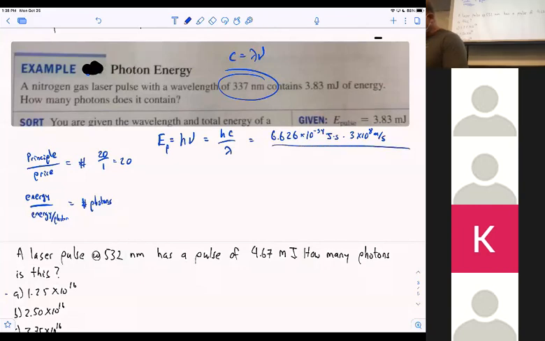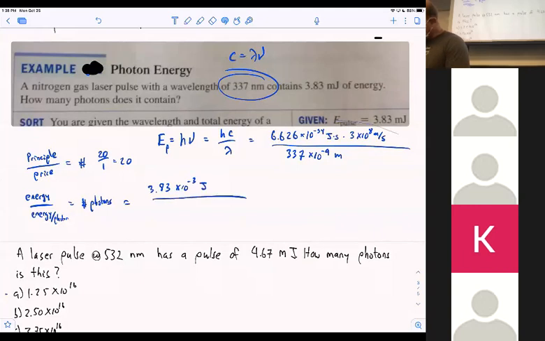And then your wavelength, 337 times 10 to the minus 9 meters. That's a nano, it's 10 to the minus 9. Okay, so that's the energy per photon. Your total energy is 3.83 times 10 to the minus 3 joules, divided by the energy per photon.